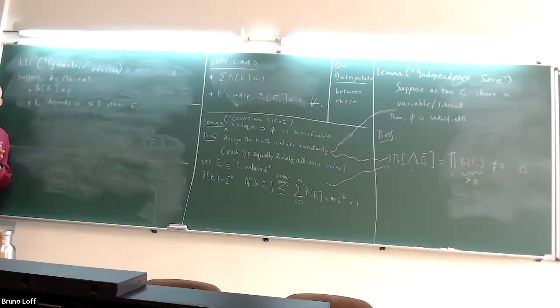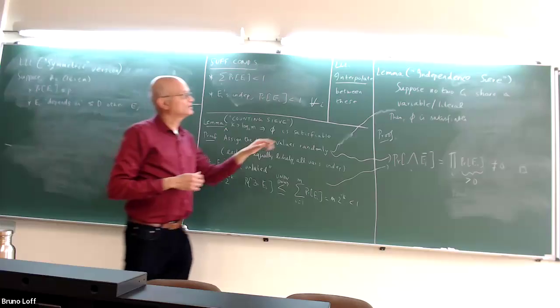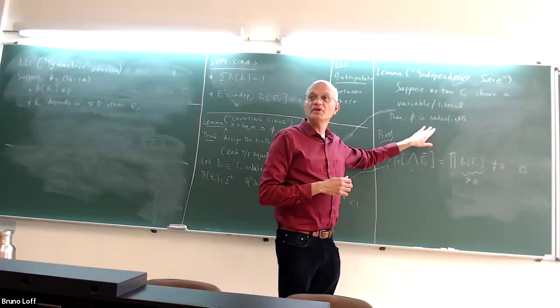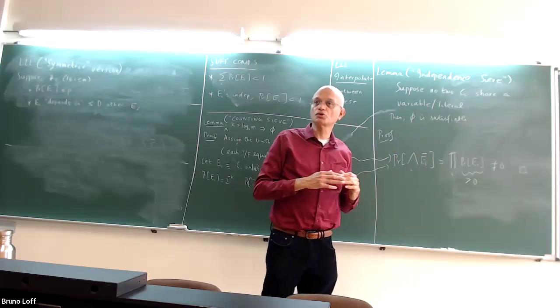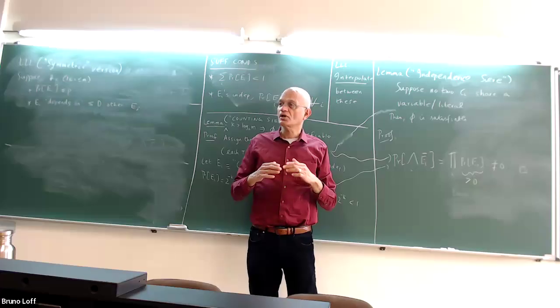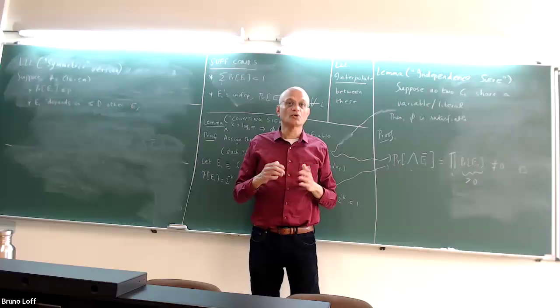Then essentially what the local lemma says, up to a small constant factor, is that the first counting argument shows that P being small is good, P being less than 1 over n is good. The independent set argument says that D being 0 is good. We want to generalize both of these. We want to say that as long as P and D are at most reciprocally dependent on each other up to a constant, we are okay.